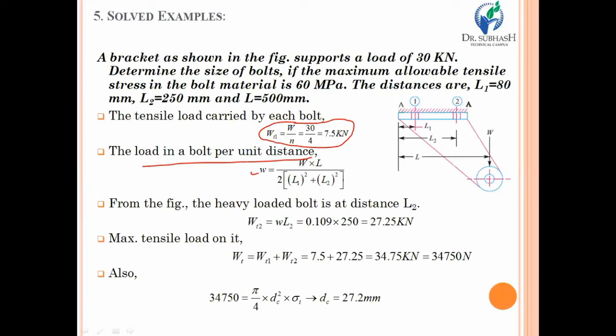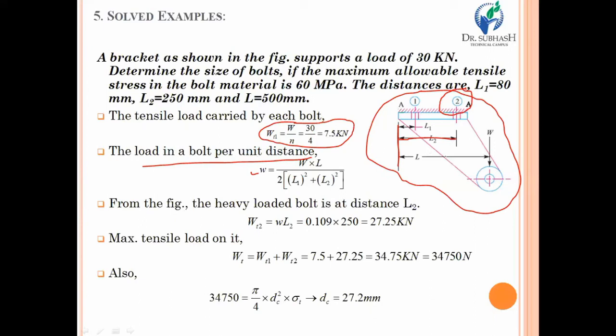Now after that calculation, if you look carefully at the figure, one can easily see that the most heavily loaded bolt is at a distance L2, because this is the tilting edge, and the greater the distance from the tilting edge, the greater the stress value. So as compared to L1, the bolt located at distance L2 is subjected to higher stresses.